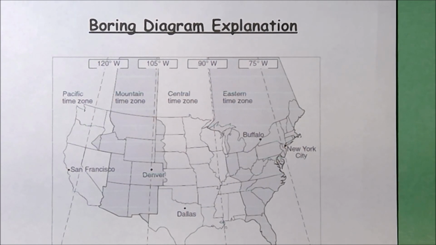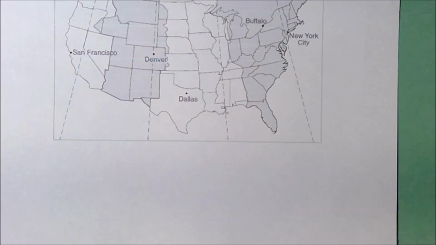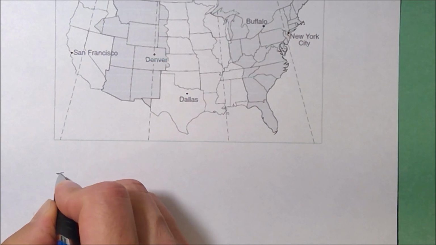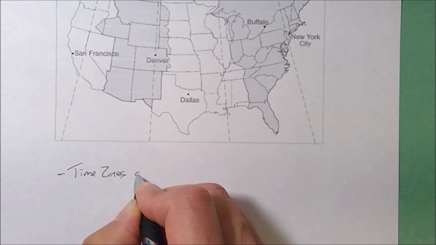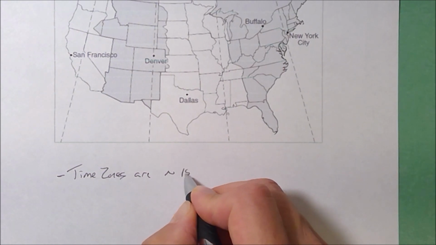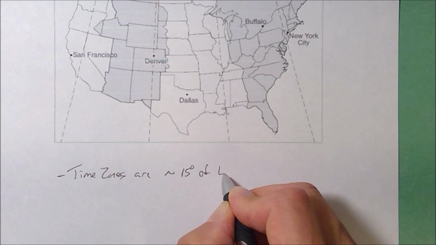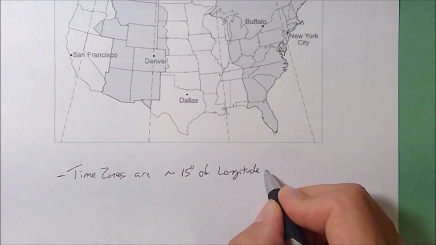So when you look at this and we talk about time zones, we use the space on the bottom of the map. What we can say is that time zones are approximately 15 degrees of longitude apart.